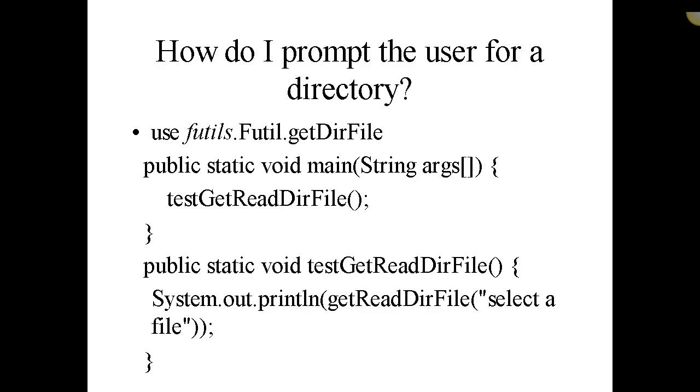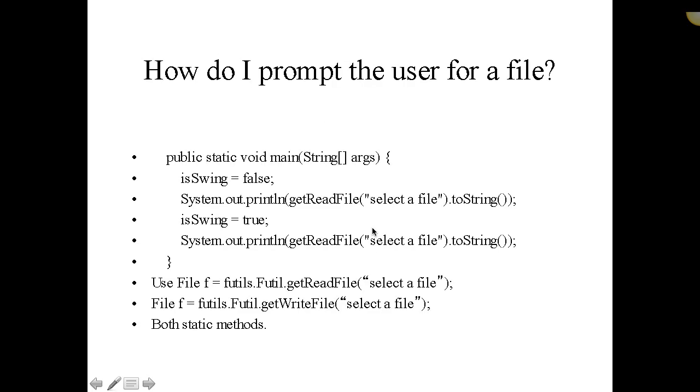We call this the getReadDirFile invocation, and then you pass in a prompt that says select a file. That'll allow you to get a directory for read. You can prompt the user for a file. You can call getReadFile, also in the Futil package, and then you can proceed to do manipulations.